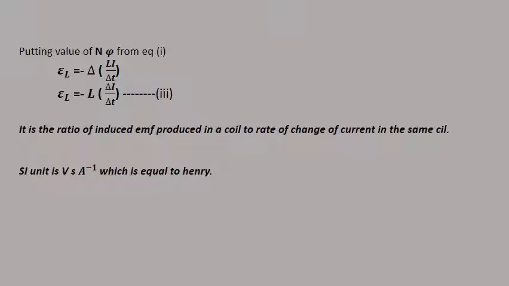The definition of Henry: the self-inductance of a coil is said to be 1 Henry if current changing at the rate of 1 ampere per second through it produces an induced EMF of 1 volt in the same coil.